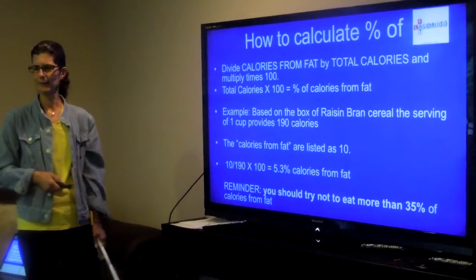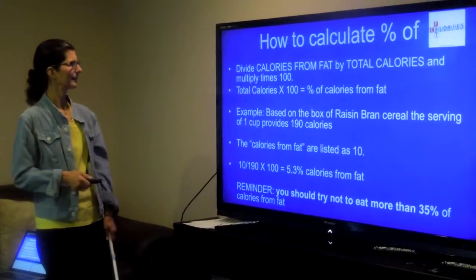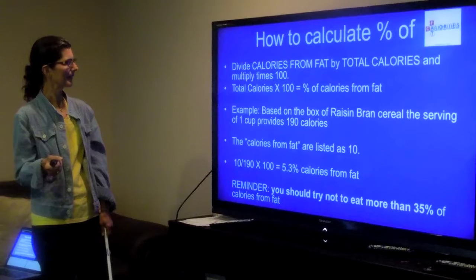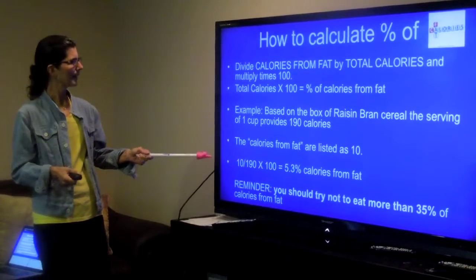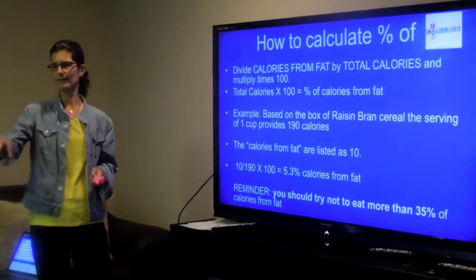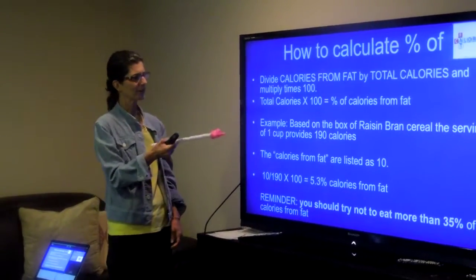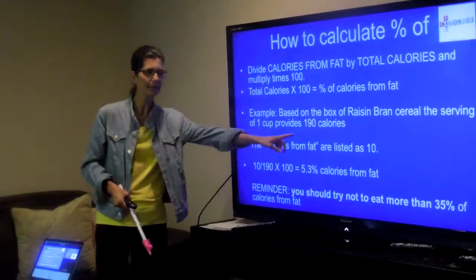So how do you calculate the percent of fat calories? Very easy. You take the calories from fat, from the total calories, and you divide. So let's take the example of the Raisin Bran. Based on the box of Raisin Bran cereal, the serving of 1 cup provides 190 calories.